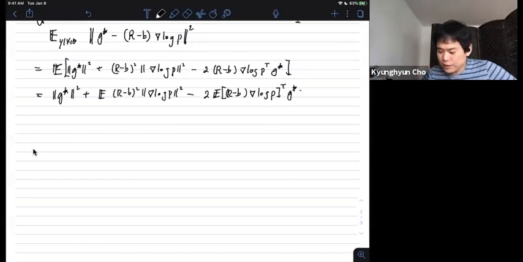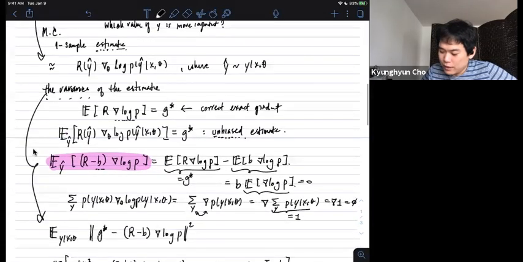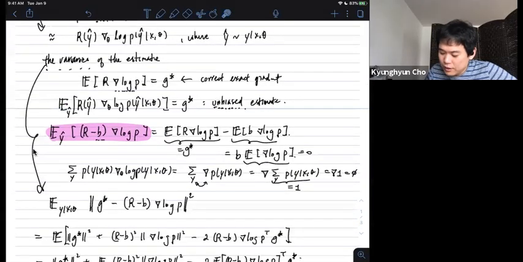And then the interesting thing we noticed is that this term is exactly G star by definition, right? We already showed that the expected gradient of the log probability of Y weighted by the reward is G star.